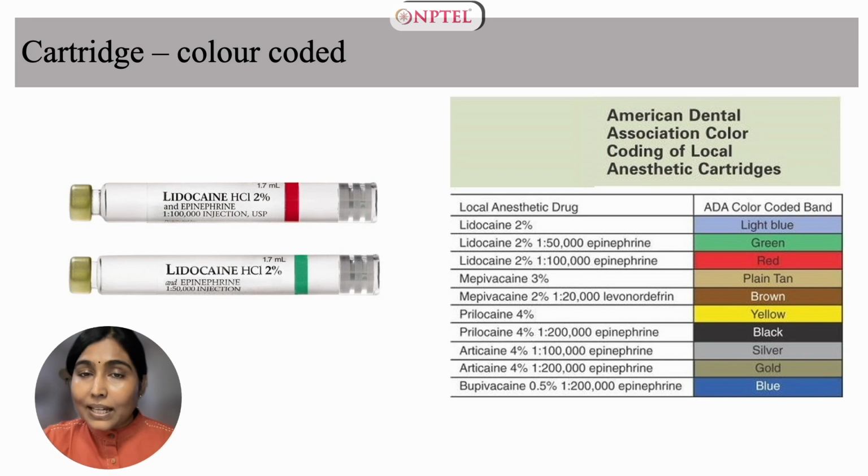The color bands are indelible and completely encircle the cartridge for easy visualization. The bands have specific widths and placement. Although color coding is useful, dentists should still read the labels of all drugs that they administer. It is a good practice to follow.